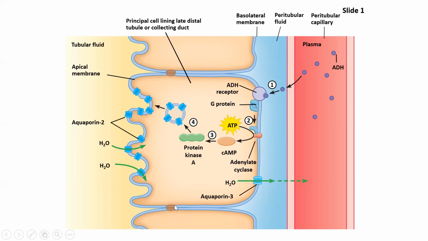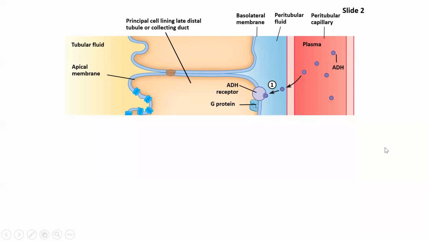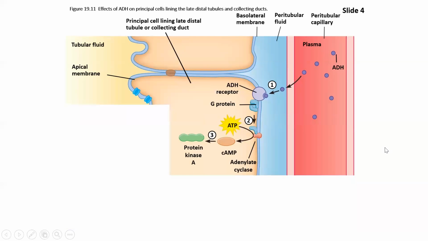So the regulation is really controlling the aquaporin 2s in the apical surface, and then water can simply be reabsorbed into the cell and across the basolateral surface by the aquaporin 3s. This is how ADH influences water reabsorption in those distal parts of the tubule.